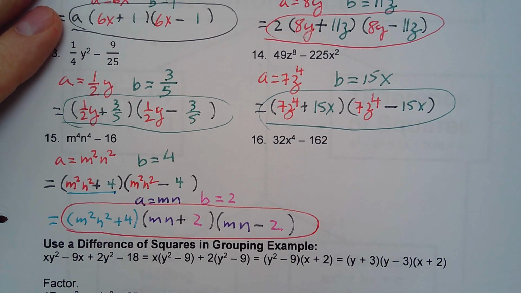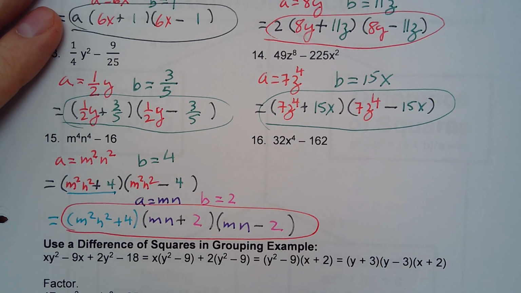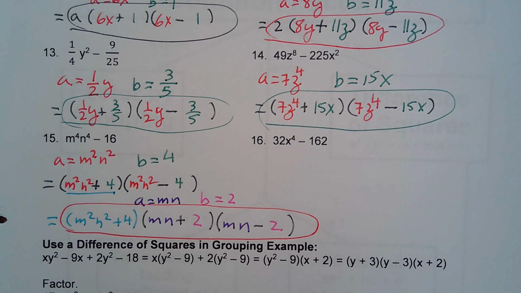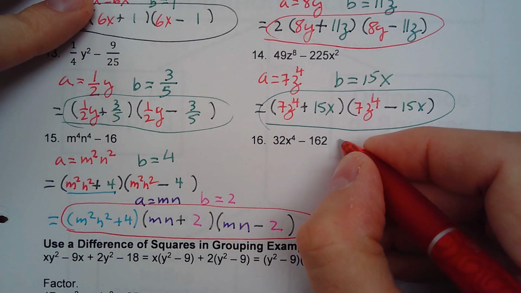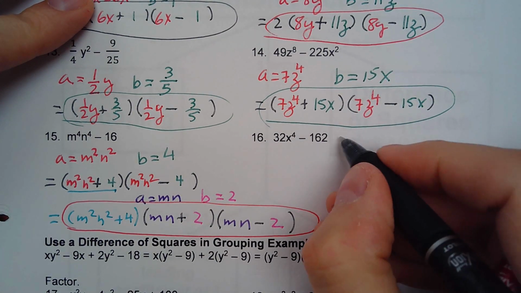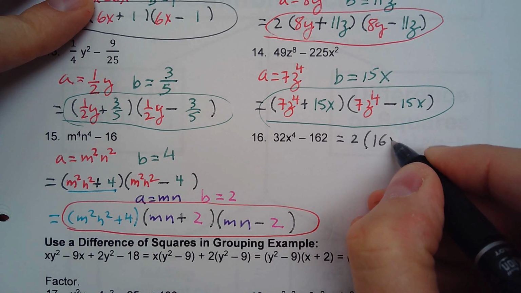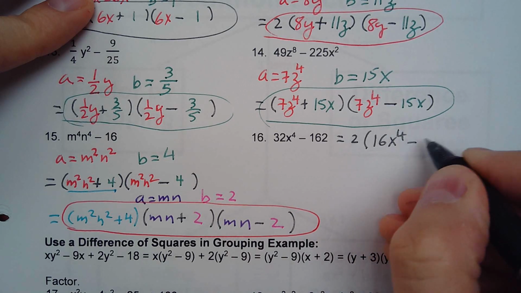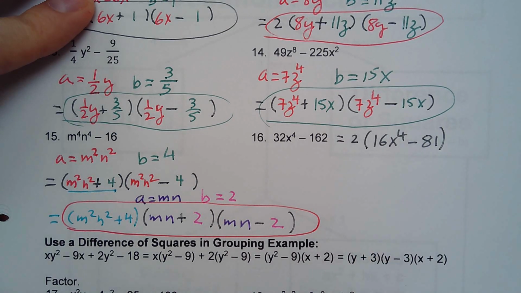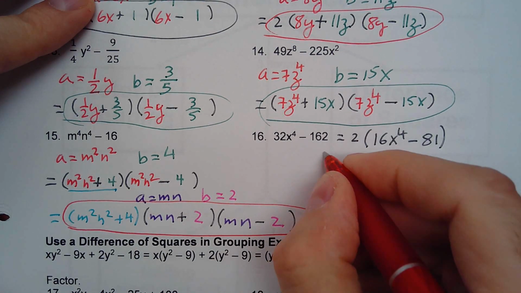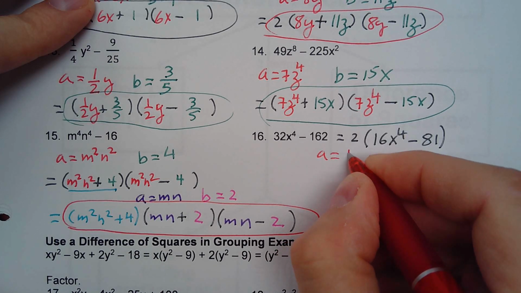Let's try this next one. 32 and 162, well, they're even, so we can factor out a 2. So that gives us 16x to the fourth minus 81. Those are both perfect squares, so my a here would be 4x squared.